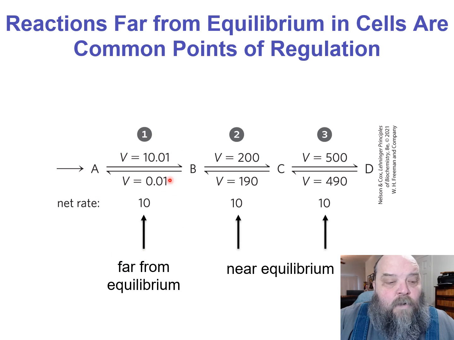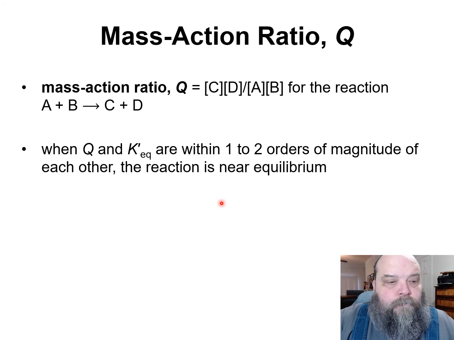So if we could find a way to control this, because this reaction just wants to go A to B so easily. Whereas with these reactions, B to C is just as likely to happen as C back to B. Okay? This would be the best point of control.